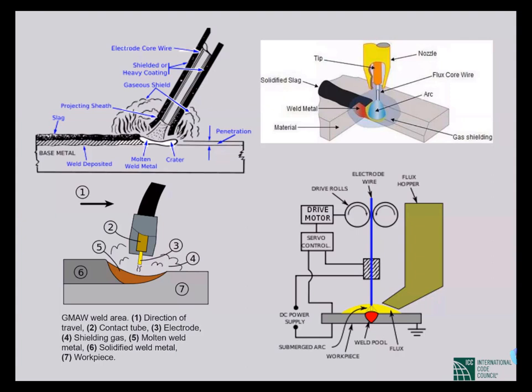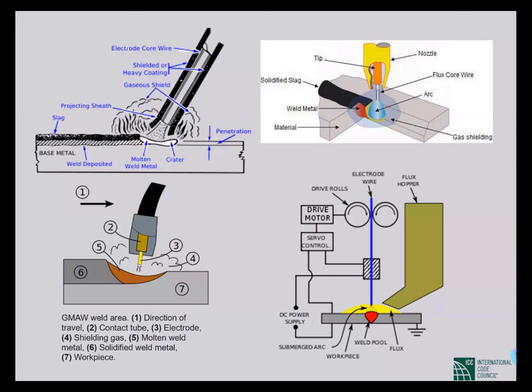So you see the electrode is inside. Electrode is number 3 here, inside a tube, and that tube is connected to the electric supply. So a little bit different, but that is also doable at sites.